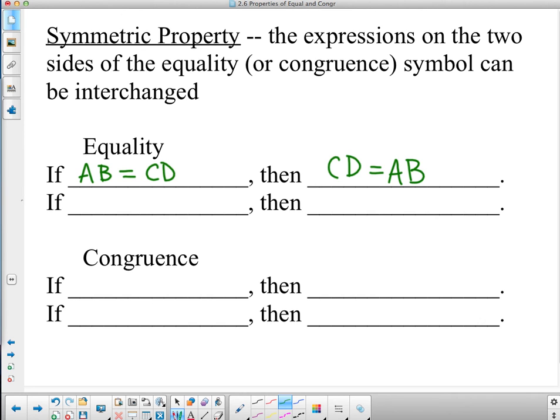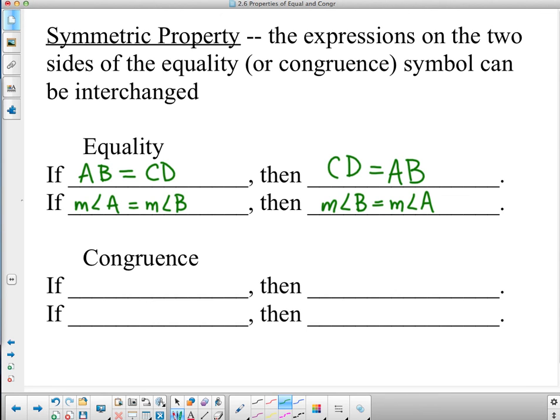So if AB equals CD, then CD equals AB. Angles: if the measure of angle A equals the measure of angle B, then switch it around. Fill in the second blank with the measure of angle B equals the measure of angle A. Correct. The left side and the right side just exchange.